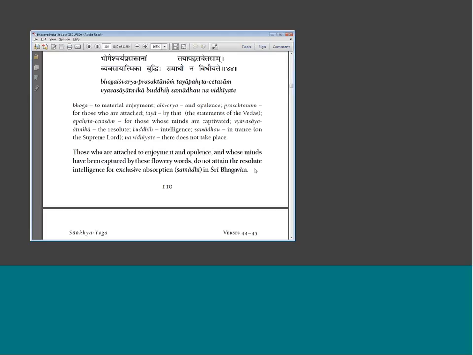So again, this is very generally applicable to yoga practice and to making spiritual progress. Notice that Bhoga Aishwarya Prasakta means if we are attached to enjoyment, to sensuality. It's not saying that we all have to live dry, austere lives of ascetics.